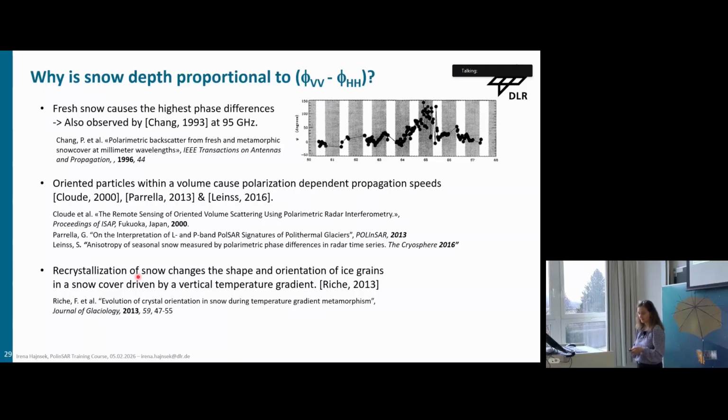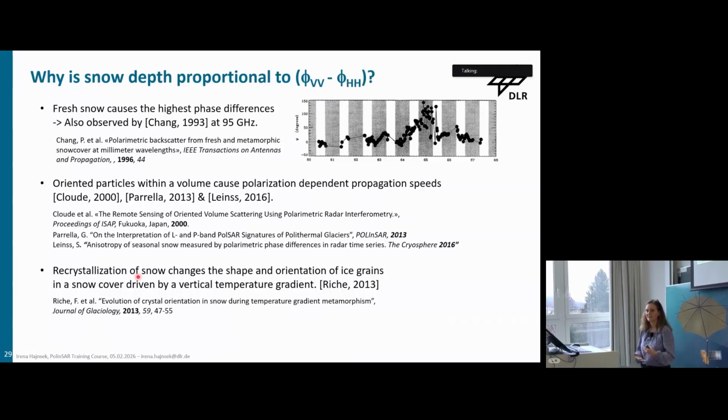This was also something very interesting, because it would be really cool, right, if you can use the snow depth estimation also as a kind of temperature measurement instrument, if you can say. So therefore, this is also quite interesting.